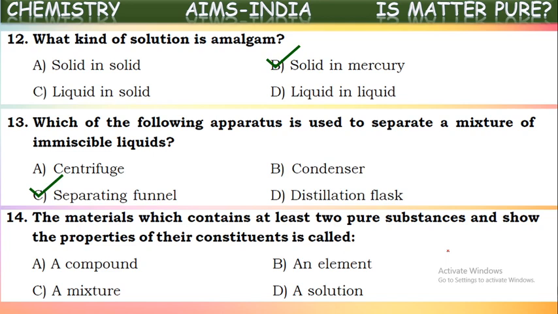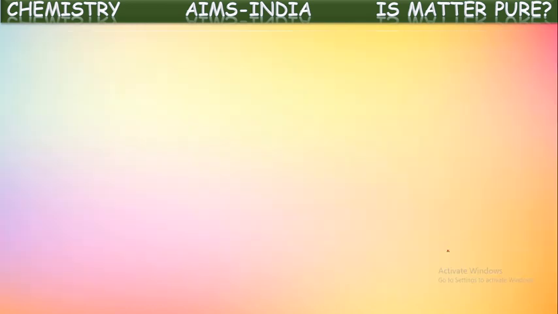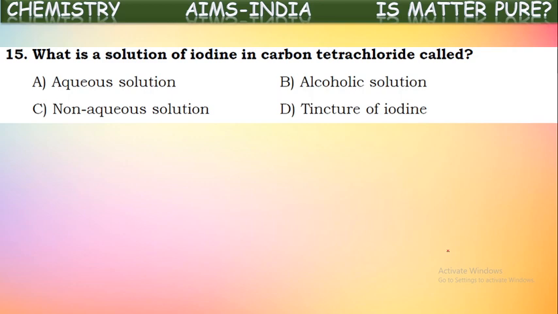Yes, when two or more pure substances combine together forming matter which shows the properties of the constituents mixed in it, it is called a mixture. Next one. What is a solution of iodine in carbon tetrachloride called?